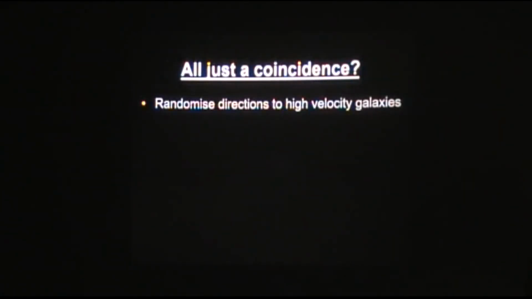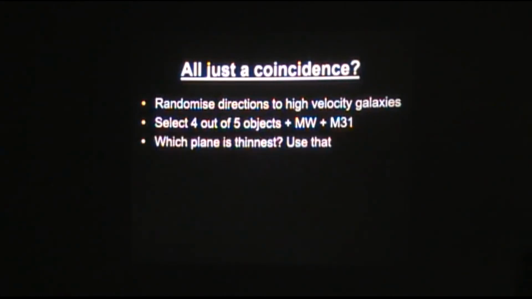So again, you do a Monte Carlo trial where you randomize directions to the high velocity galaxies. You assume that somehow they could exist in Lambda CDM, in the standard model, even though that's not possible to begin with. But still, you assume that they could exist. Randomize the direction, select 4 out of 5 objects, because there's an outlier there, as you might have seen. Then you find out which plane is thinnest, which of these 5 combinations gives the thinnest plane, and use that.